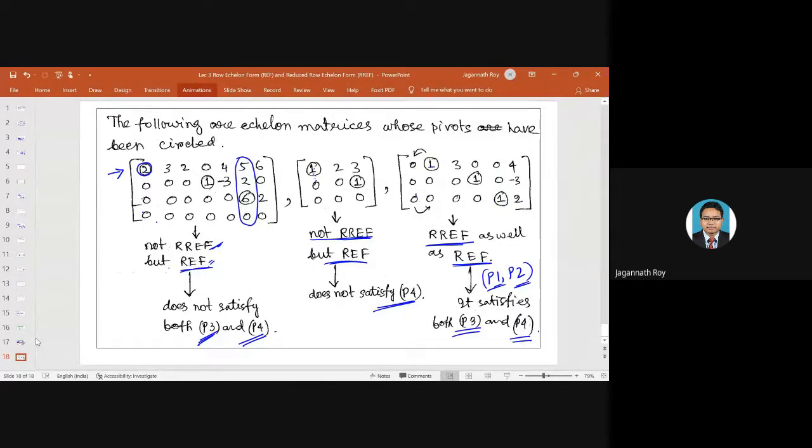So if you see these examples, then you will get the idea of RREF.